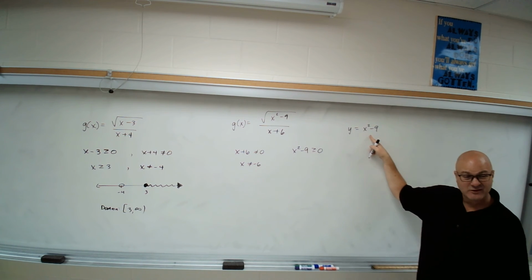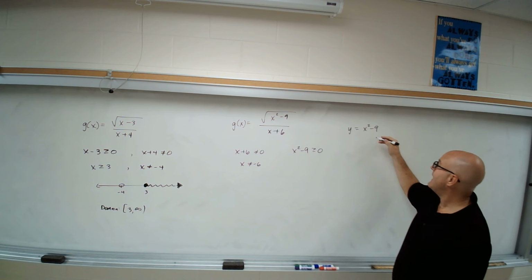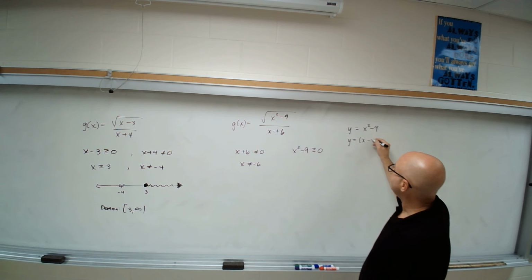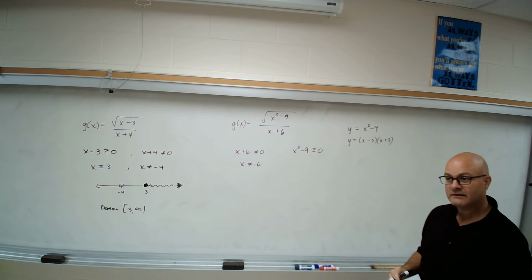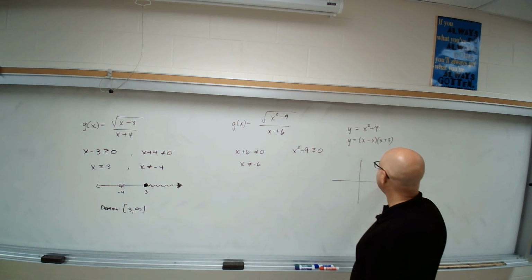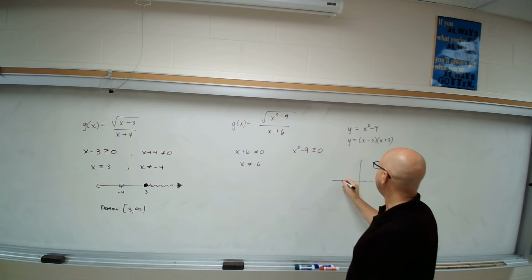Now, do you know what this graph looks like? It's a parabola, right? And it actually has x-intercepts at 3 and negative 3. So if you think about this graph, it's got 3, 0 and negative 3, 0 out here.